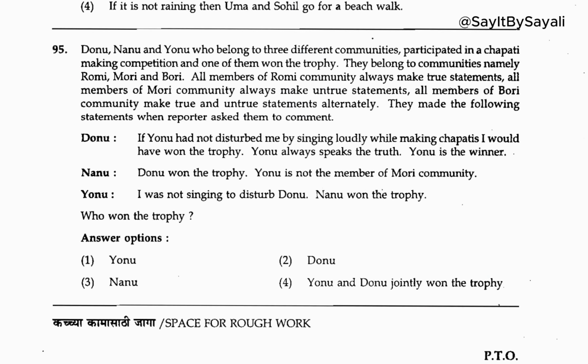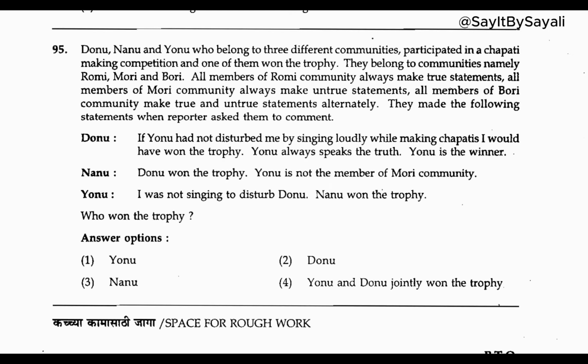Question number 95. Donu, Namu, Yonu, who belong to 3 different communities, participated in a chapati making competition and one of them won the trophy. They belong to the communities, namely Romi, Mori, and Bori.